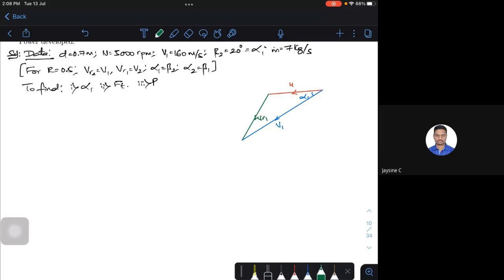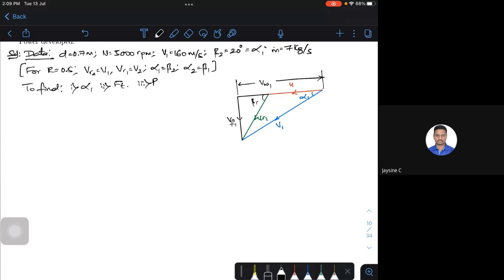I'm going to close it with the tangential component of v1 and the flow component of v1. This will be my vf1 and this will be my vw1, and this will be my beta 1.